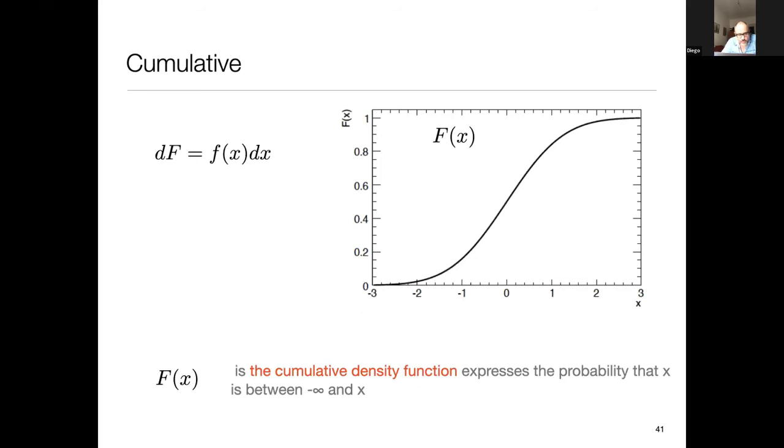Another important quantity to keep in mind is the cumulative distribution. The cumulative density function expresses the probability that the quantity of interest x is between -infinity and x. And it's usually represented with this big F. And you will see in a moment why this is important.